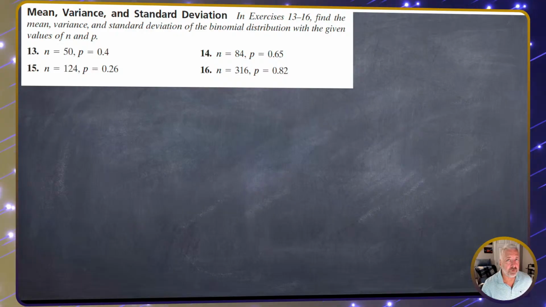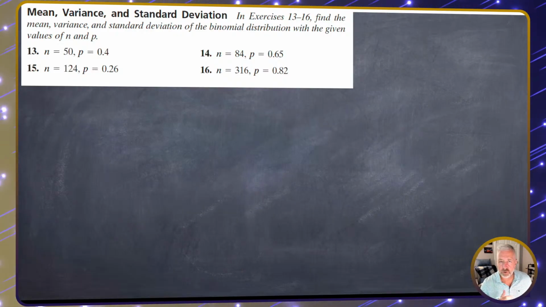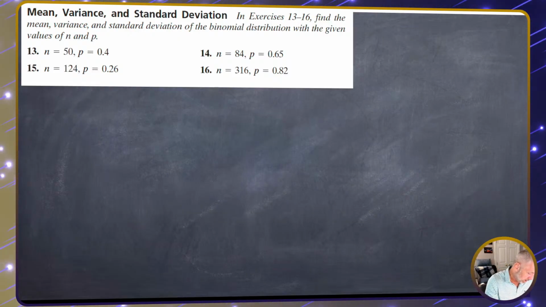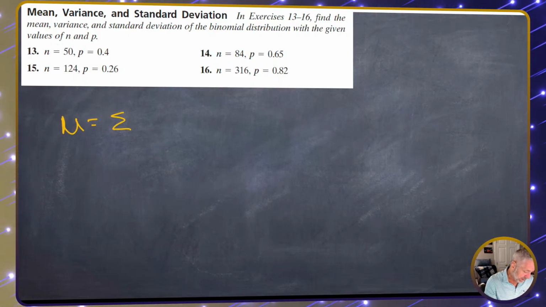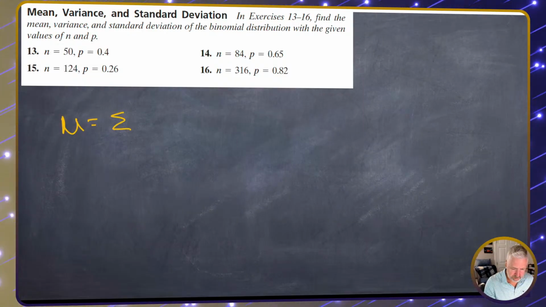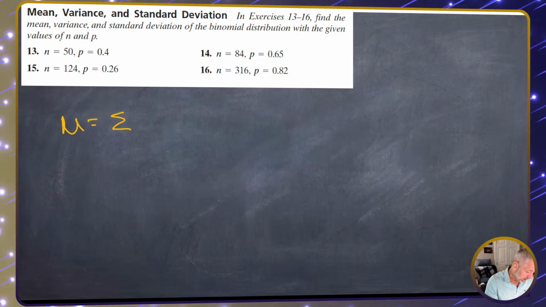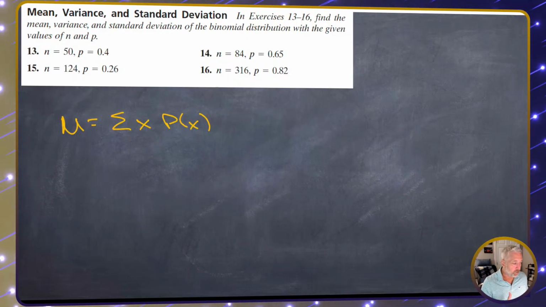If you remember from regular discrete probability distributions, to find the mean when we were working with those frequency tables was just to take the summation of the x's times the probability of x's, right? We worked with the calculator.